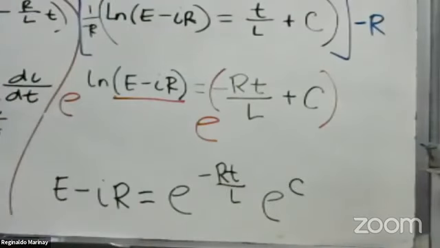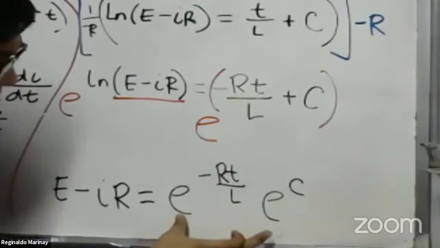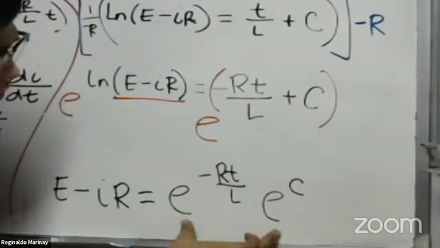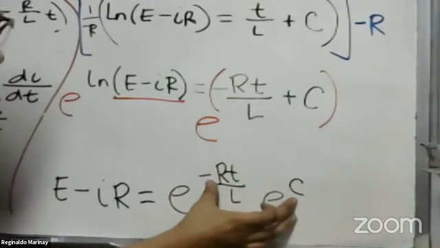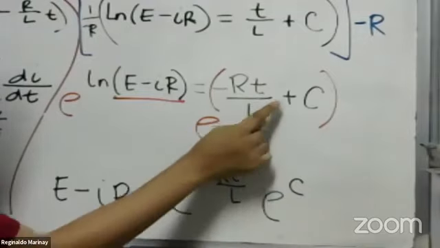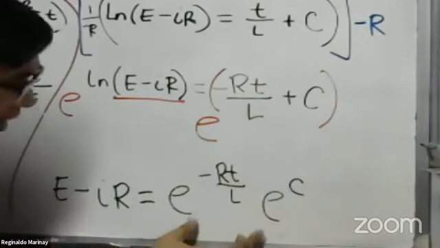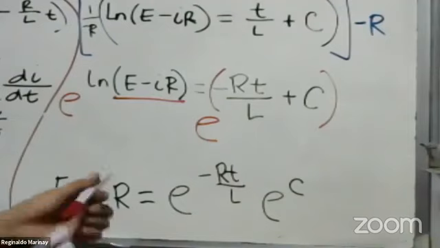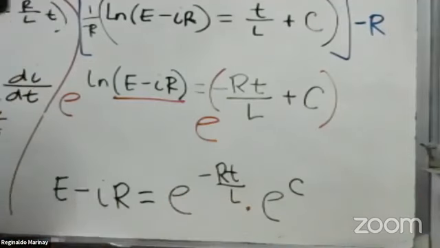Because in algebra, if they have the same base, what are you going to do in the exponent? You add. That is why this is addition, plus C. But in here, it should be multiplication. Did you get that? Is that clear?